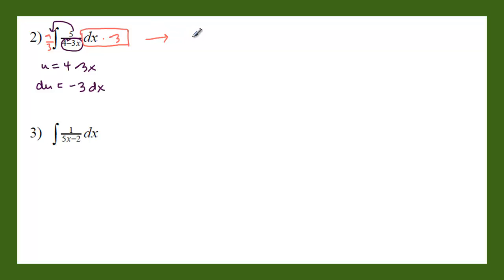Substituting in, we have the 5 that we pulled out to the front to begin with, so we have negative 5 over 3, and then the integral of 1 over u du. Now applying our anti-differentiation rule, we have negative 5/3, and the antiderivative of 1 over u is the natural log of the absolute value of u plus c.